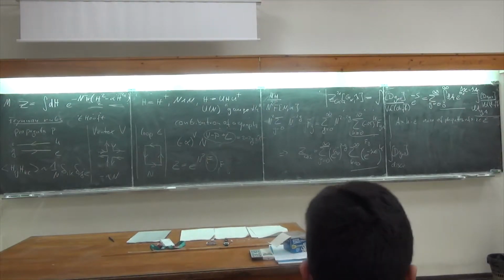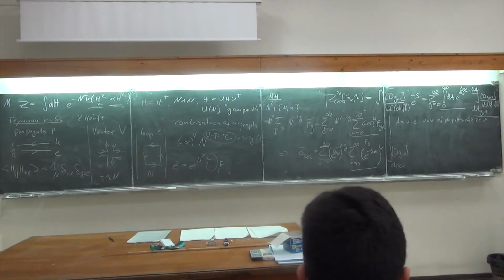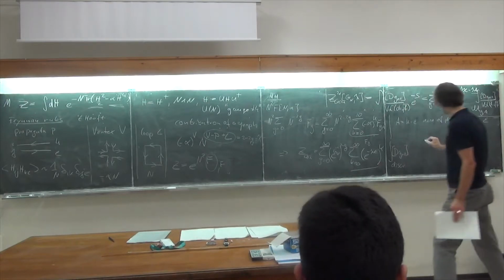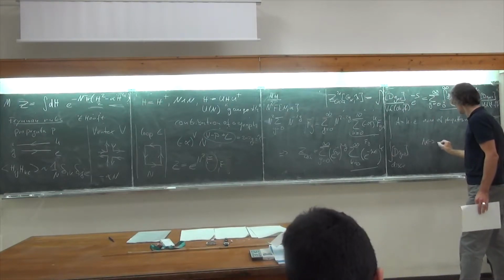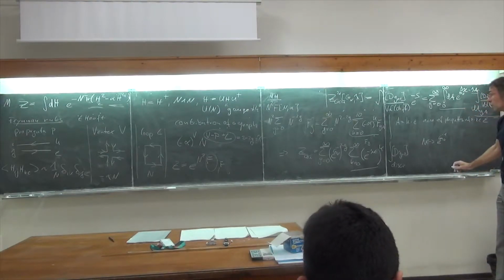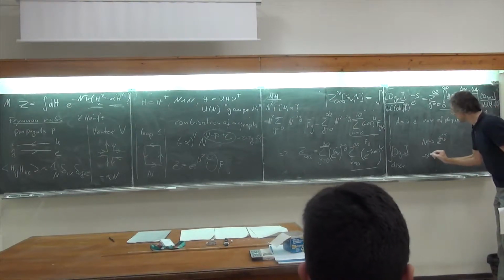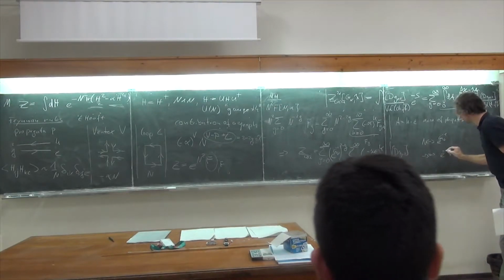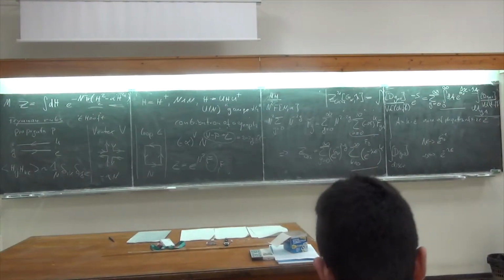So you see now, if we do the following identification, g minus 1, minus alpha, and e to the minus epsilon lambda.